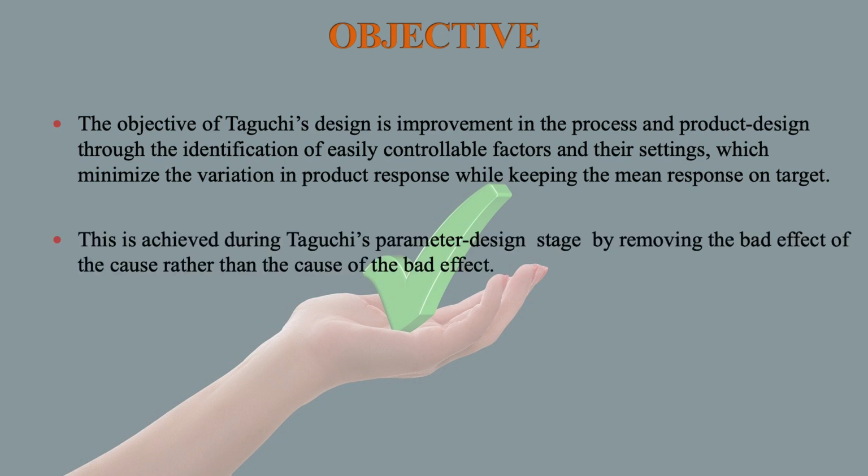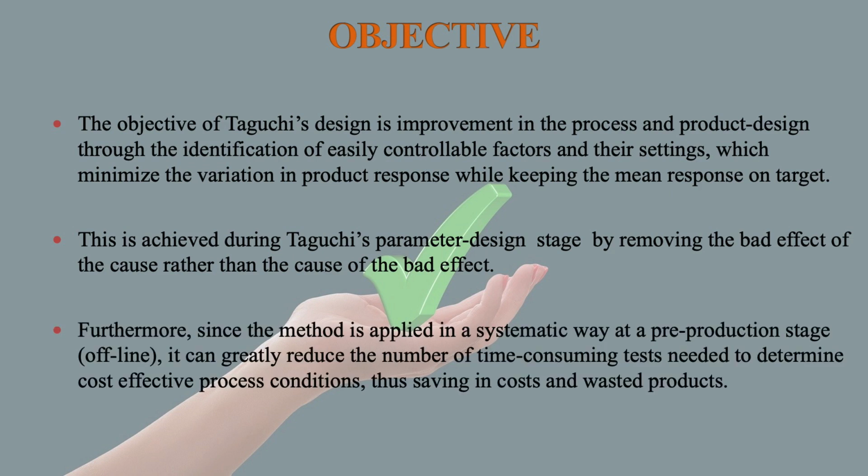This is achieved during Taguchi's parameter design stage by removing the bad effects of the cause rather than the cause of the bad effect. Furthermore, since the method is applied in a systematic way at a pre-production stage offline, it can greatly reduce the number of time consuming tests needed to determine cost-effective process conditions, thus saving in cost and wasted products.